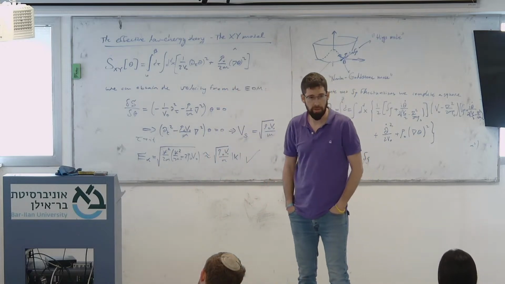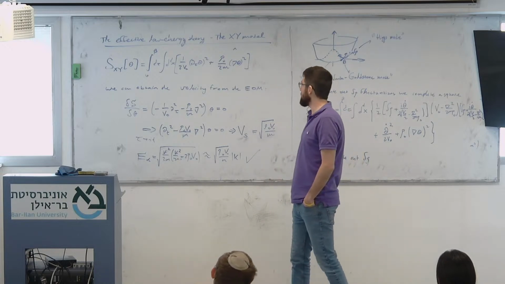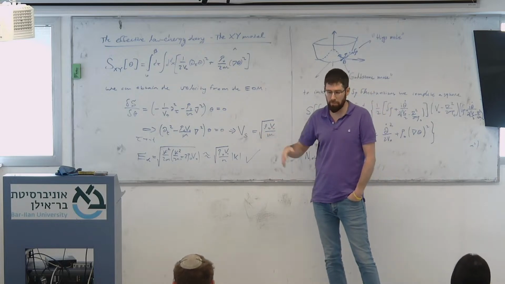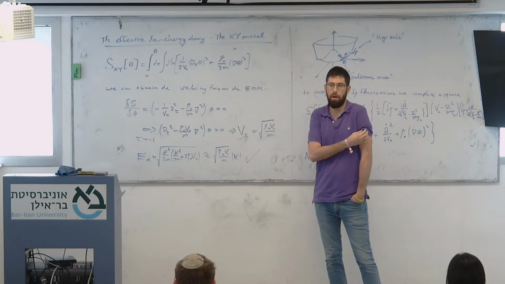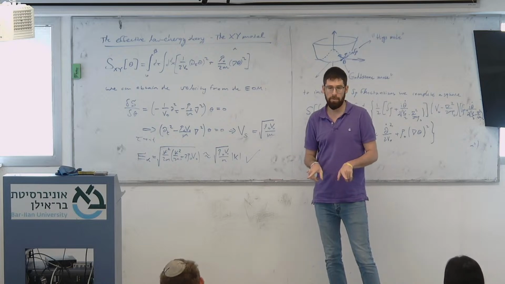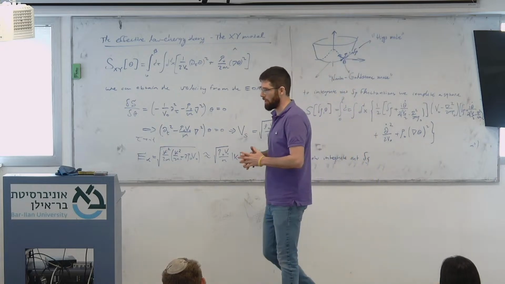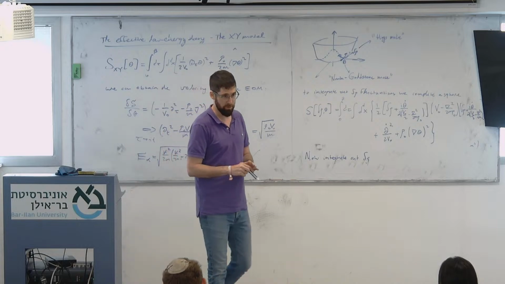Okay, any other questions? Why is it called the XY model? It's called the XY model because this model emerges in many different systems. One of them is, imagine that you have spins. Let's assume that I'm thinking now about a classical spin model.